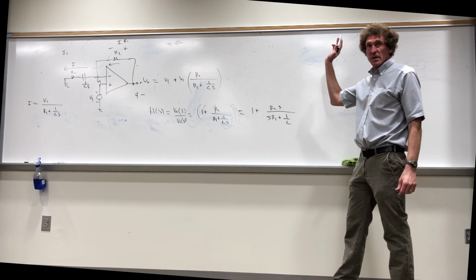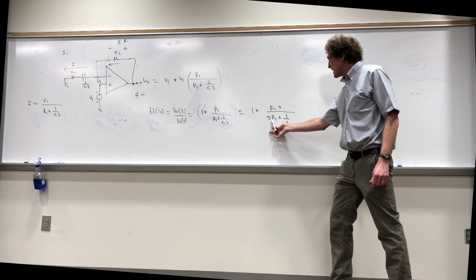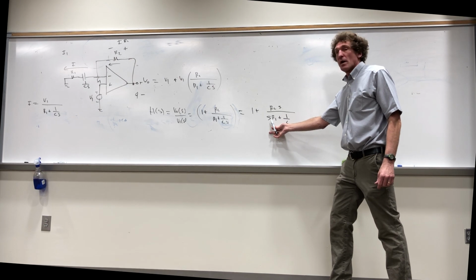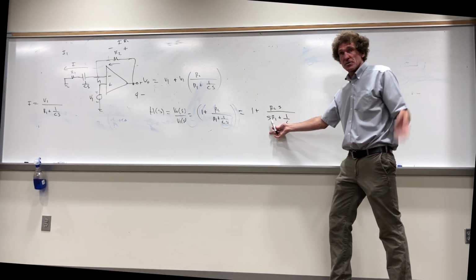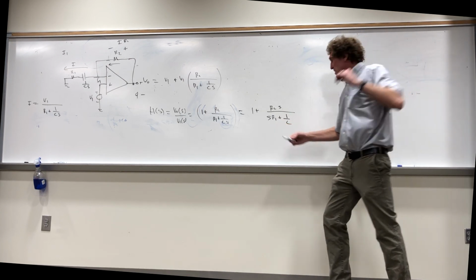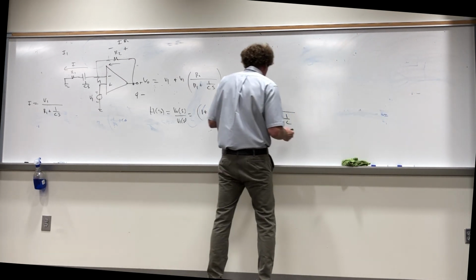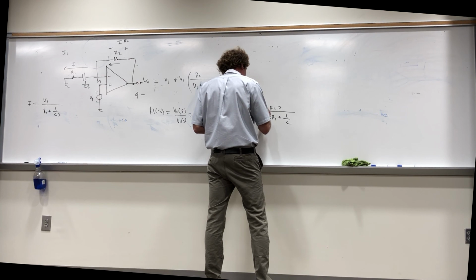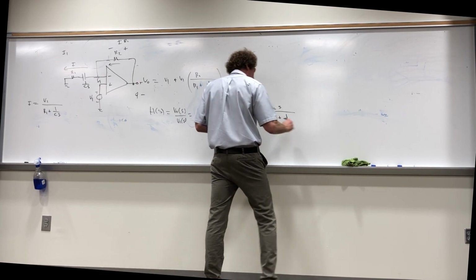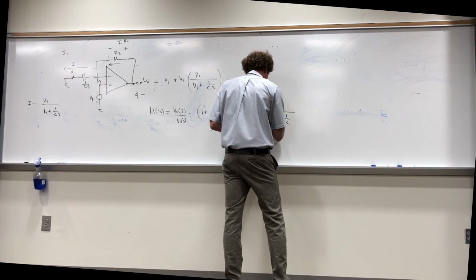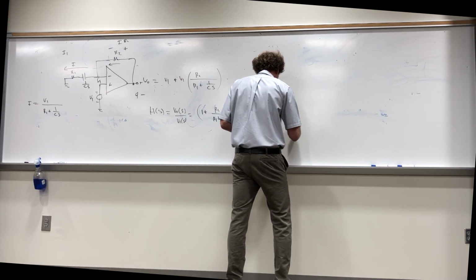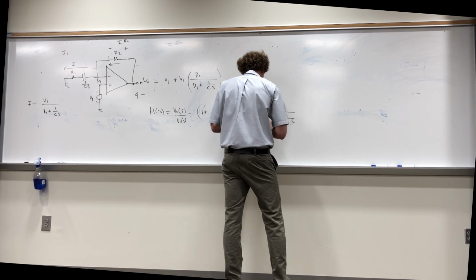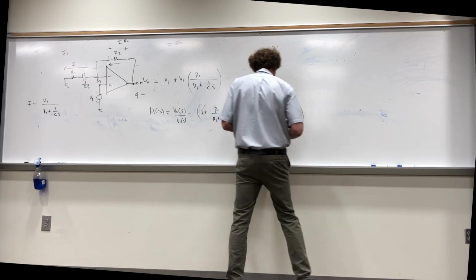Now I need the coefficient of that S right there to be 1, don't I, class? Are you with me? That means I simply pull out the 1 over R1 term here. Now I get 1 over R1C here, and I get S there, don't I, class?